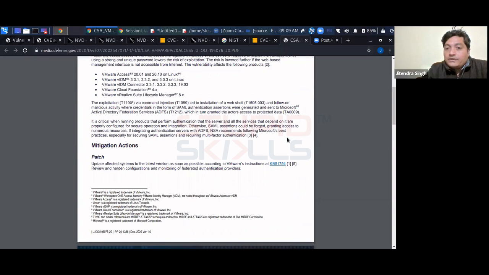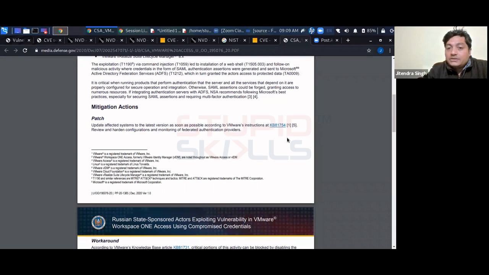So I think this particular attack happened after December 18th, and still the systems are trying to recover. But if these patches had been timely applied, and these instructions had been timely followed, then it would have helped to mitigate or to actually avoid such kind of exploitation.